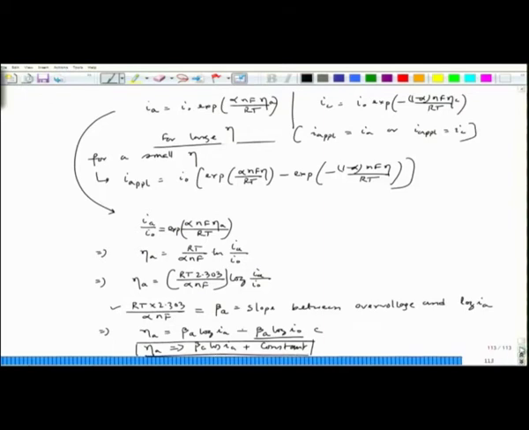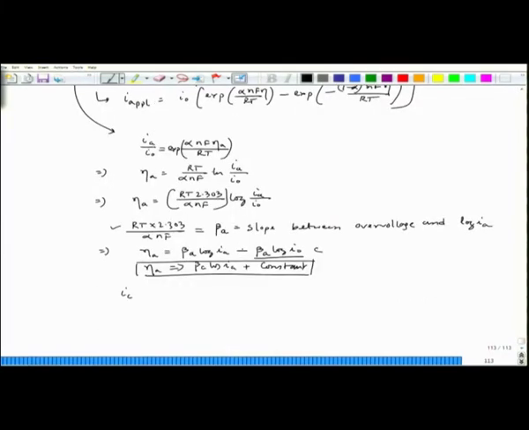Similarly, if I take IC equal to exponential minus 1 minus alpha NF eta C by RT, then it will also give us eta C equal to, if we do the way we have done, you would get log IC by I0 into RT by 1 minus alpha NF, sorry, here it should be log, into 2.303 by this, and with a minus sign.